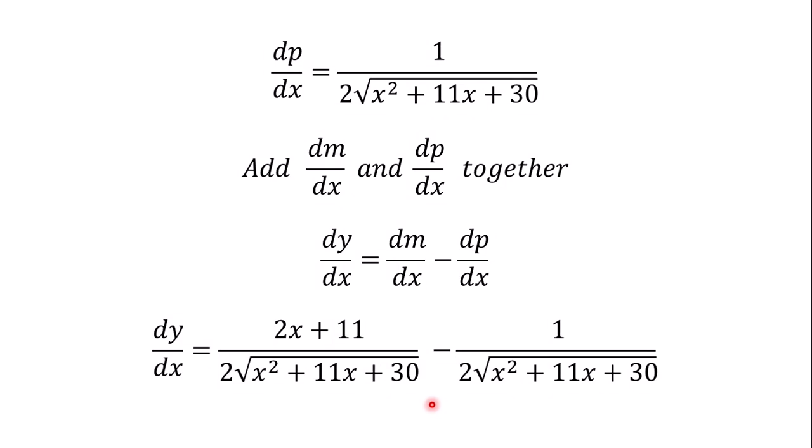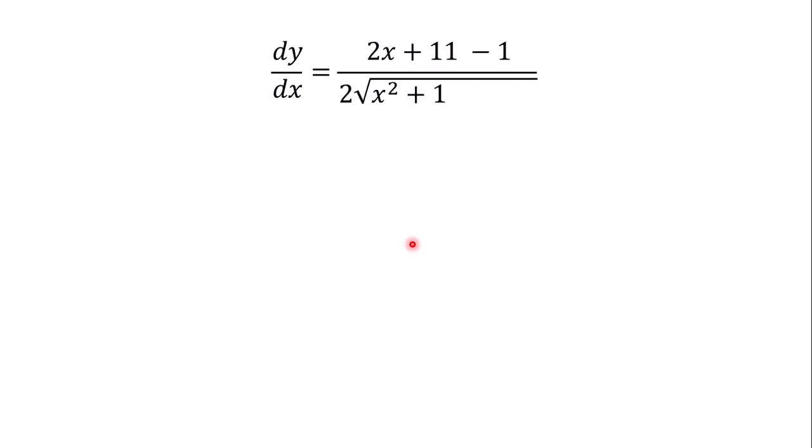So you're just going to get 2x plus 11 minus 1, divided by 2 times square root of x squared plus 11x plus 30. Now when we take 1 from this, I think we are going to get 10.